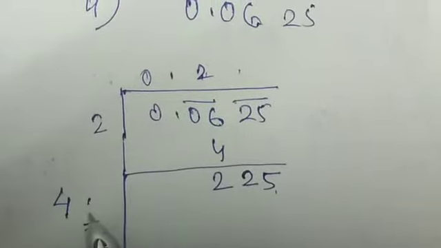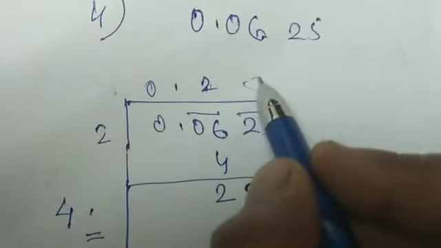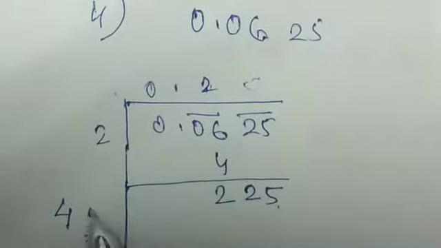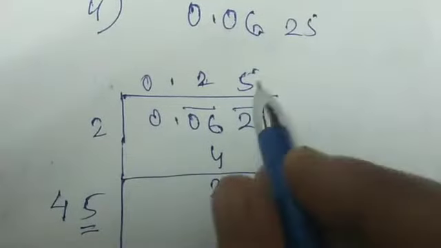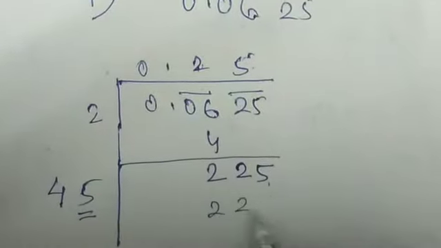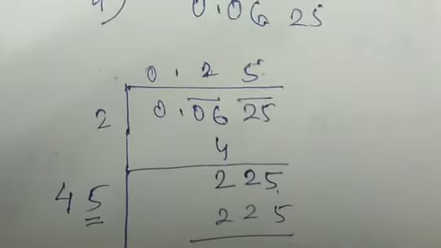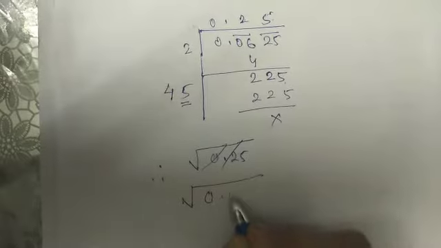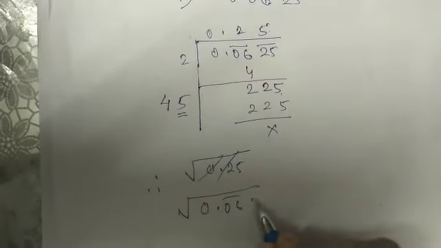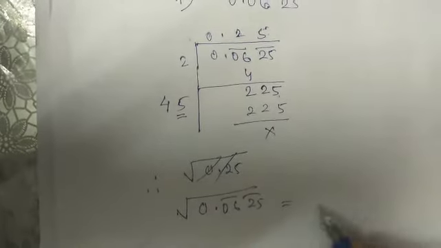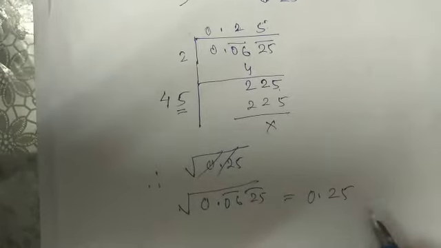So I have taken 5. So here should also be taken 5. Then 45 5s gives you 225. So that's all. Square root of 0.0625 is equal to 0.25, right?